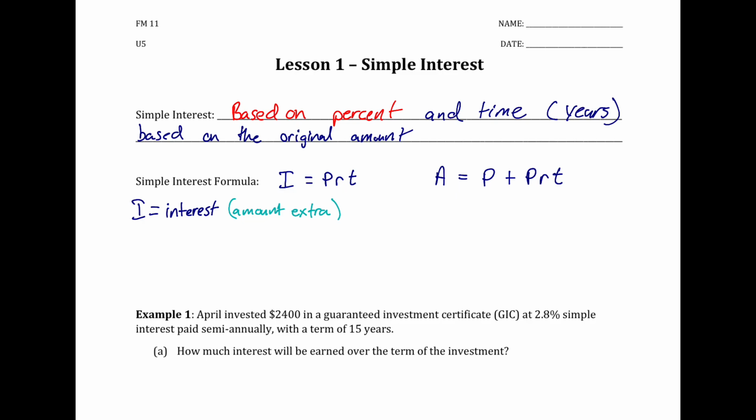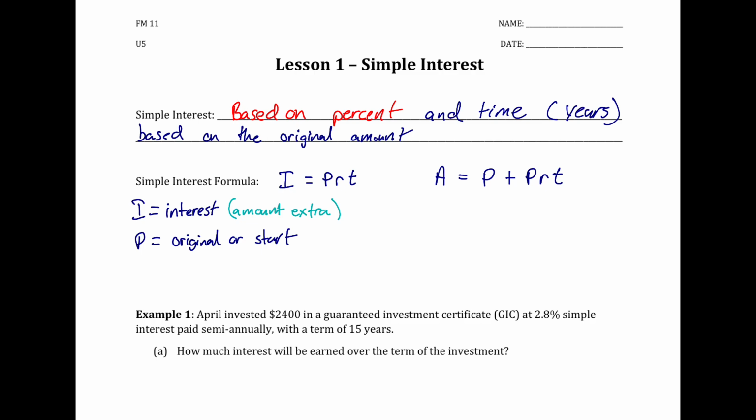How much extra money you got from putting it in an investment, or if you were taking a loan, the amount of extra money you owe. The I term is the extra. And that's very important because it's not the other one. The principal is the original amount, the original or start. So whatever money you start with, that's the big capital P, principal, the original start.